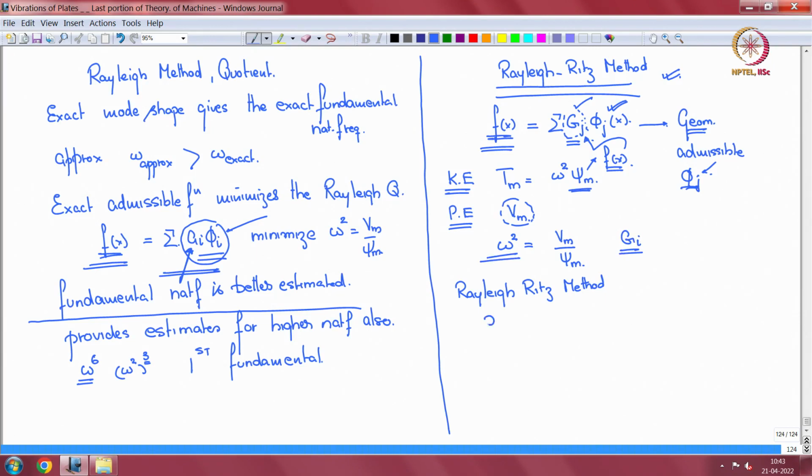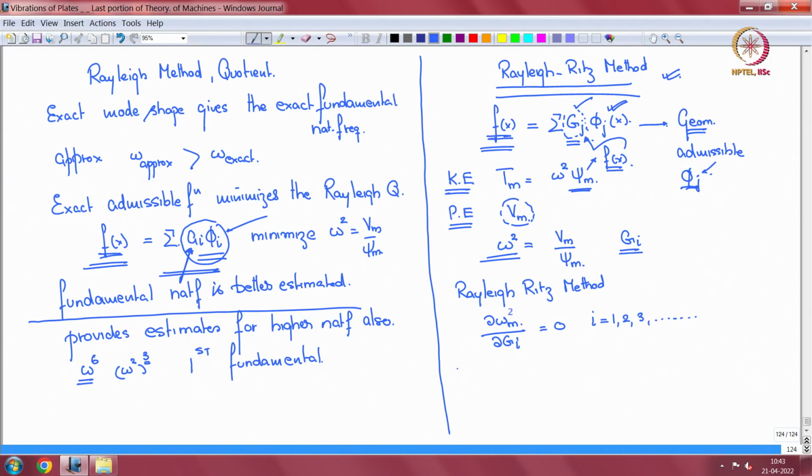So I set the minimum del omega m square by del g i equal to 0, i going from 1, 2, 3, etc. You see that in trying to find the fundamental, as a bonus we get a bunch of equations that provide higher natural frequencies also.